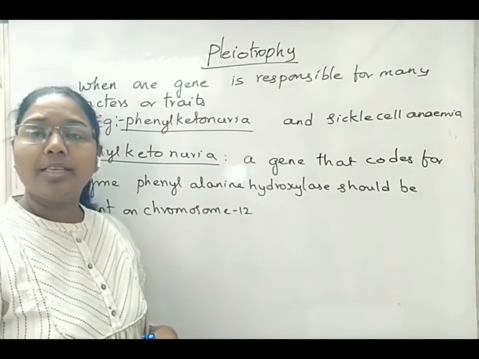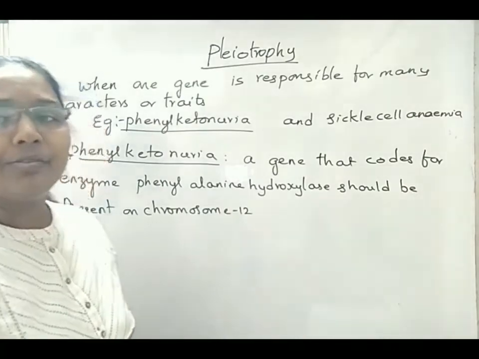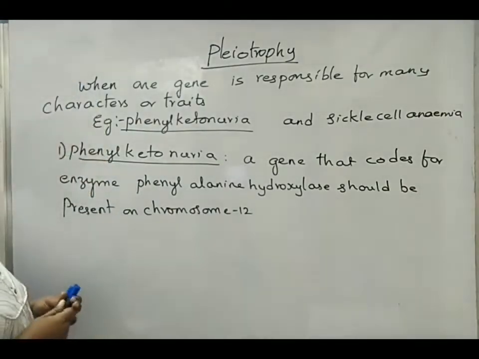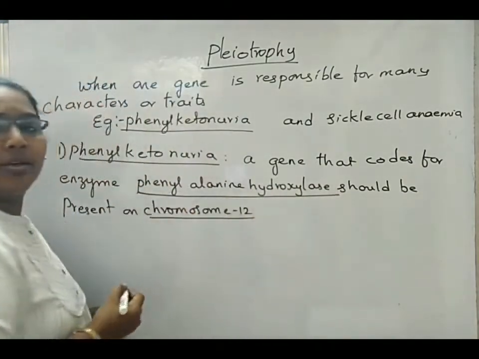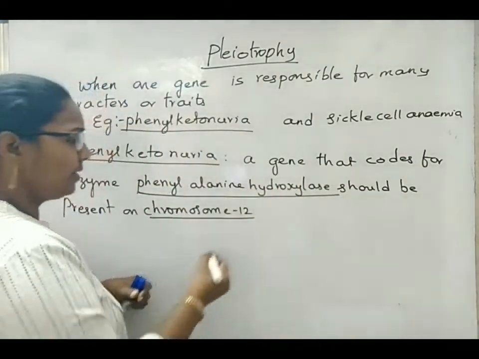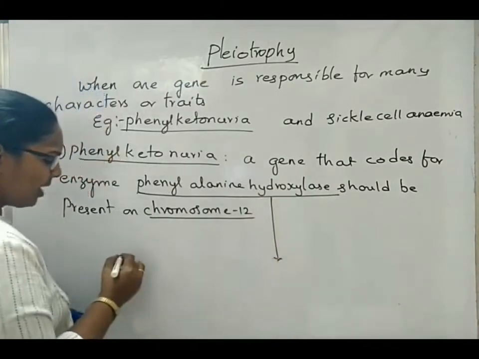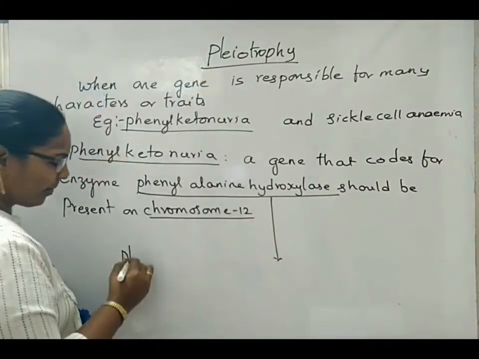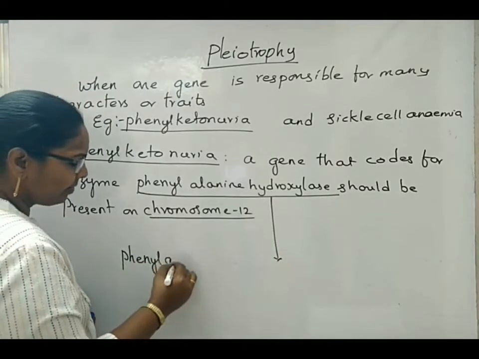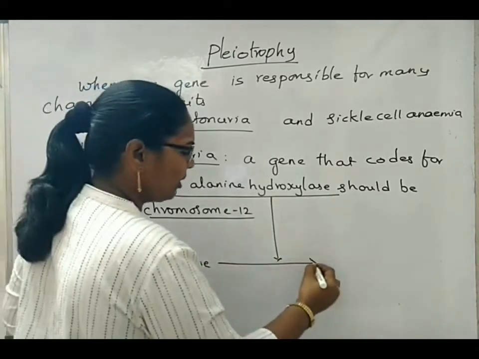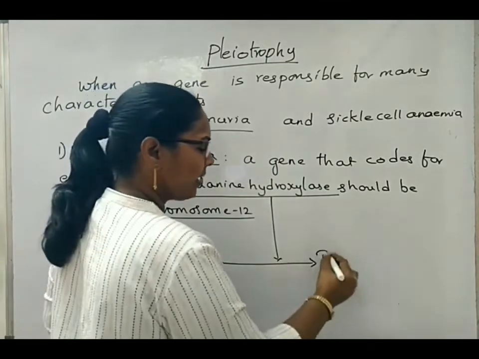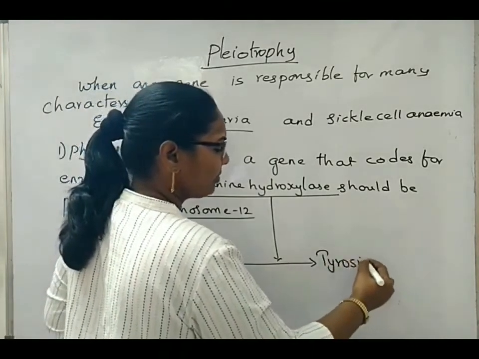So, a gene that codes for an enzyme called phenylalanine hydroxylase should be present on chromosome 12. When this gene exists, it converts the amino acid phenylalanine into another amino acid, that is tyrosine.